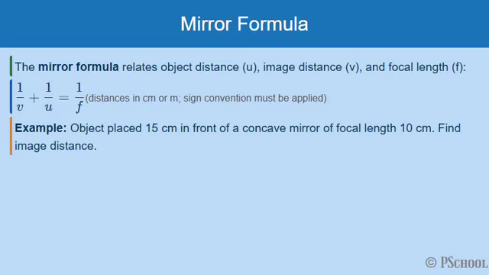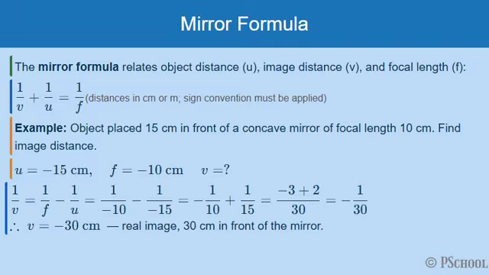Worked example: an object is placed 15 cm in front of a concave mirror with focal length 10 cm. Find the image distance. Here, U = -15, F = -10, and we need to find V. Substituting the values, we get 1/V = -1/30.